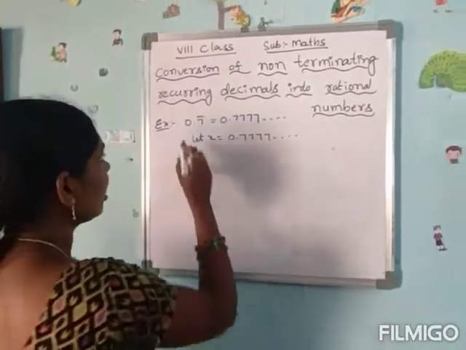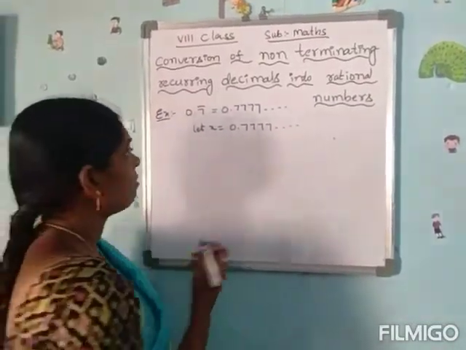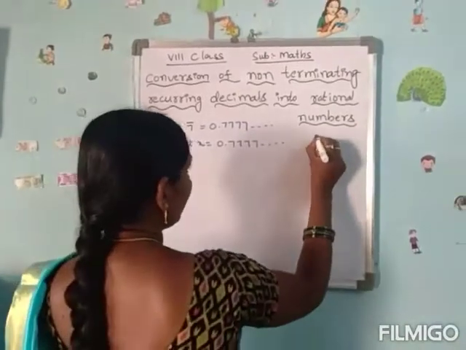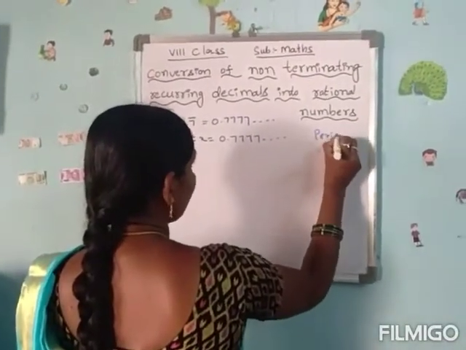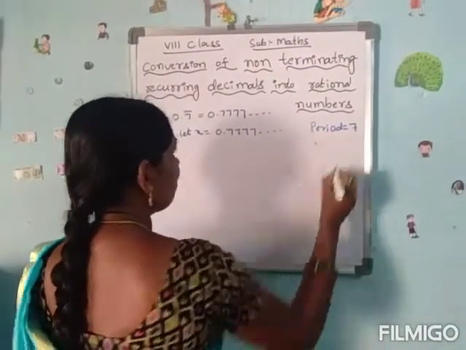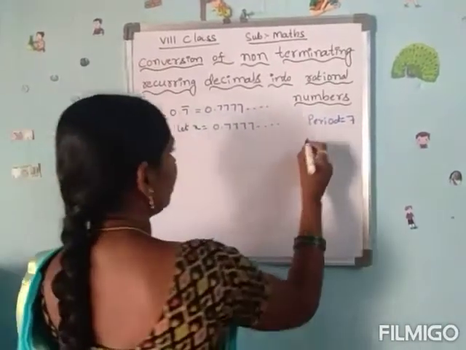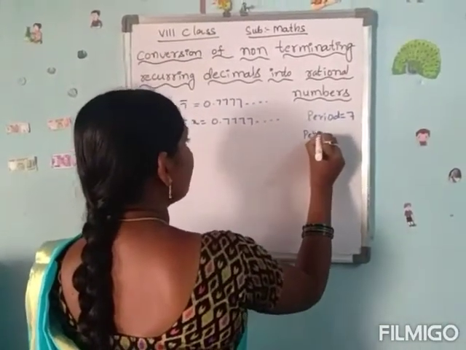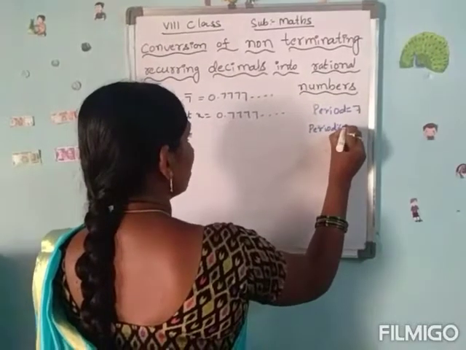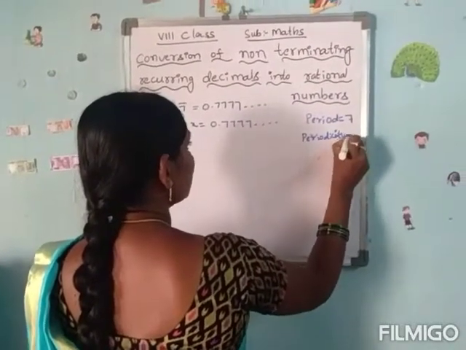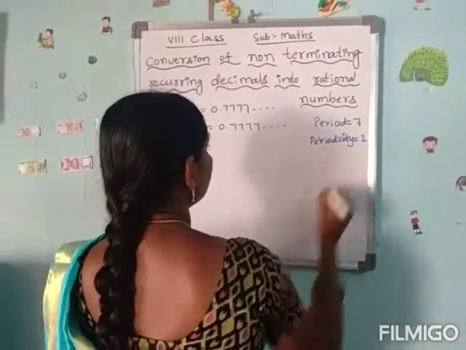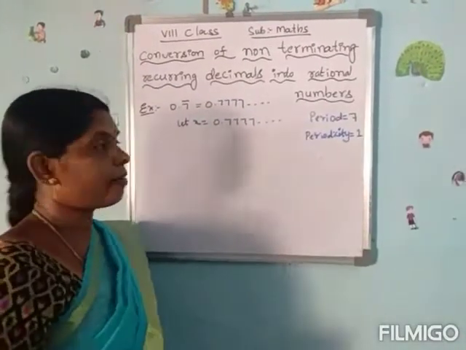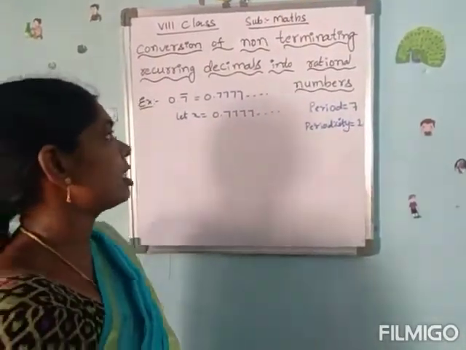What is the periodicity of this one? In the previous class we learned about period and periodicity. The period is the number that repeats again and again. Periodicity is how many numbers are repeating. Only one digit is repeating again and again, that is 7. So the periodicity is 1.